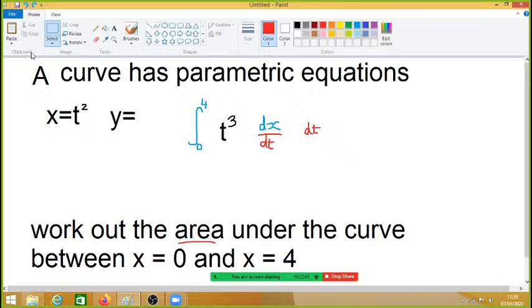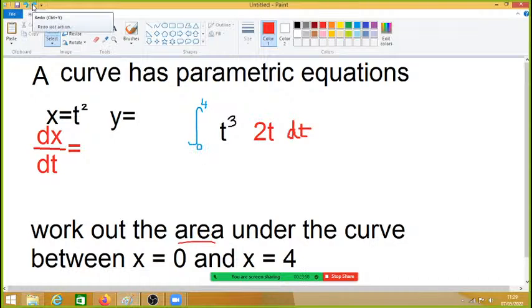The dx by dt, you just have to do a bit of work, differentiate the x equation, and you end up with dx by dt. That's 2t. And then dt can be left alone. Change the numbers that were originally for the question in terms of x. Just go back to the x equation and think, okay, well, if x is 0 and 4, what does the t need to be?